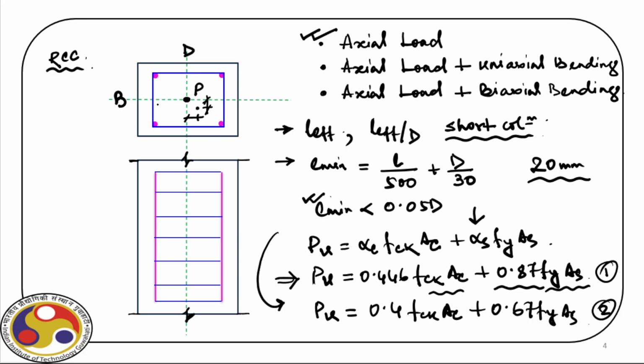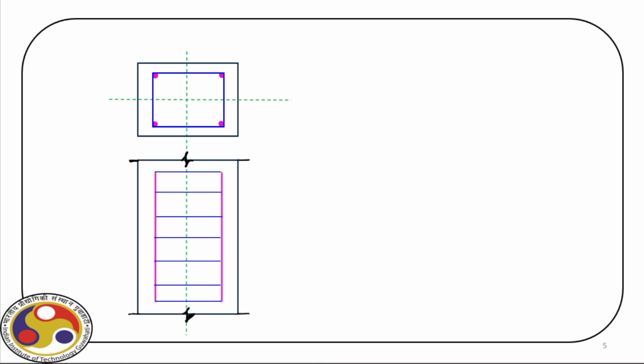These pink bars are longitudinal bars, and then we have lateral ties. For the lateral ties, there are certain guidelines that we need to follow, which we discussed in the previous class. Their spacing and minimum diameter requirements are all defined. Now, with that background, let us take an example.